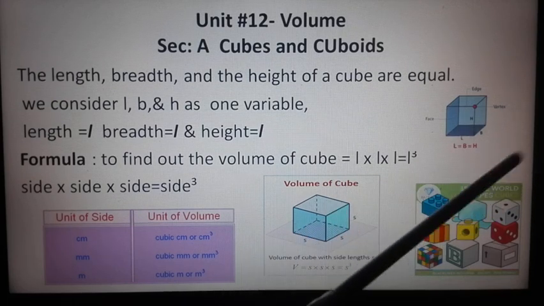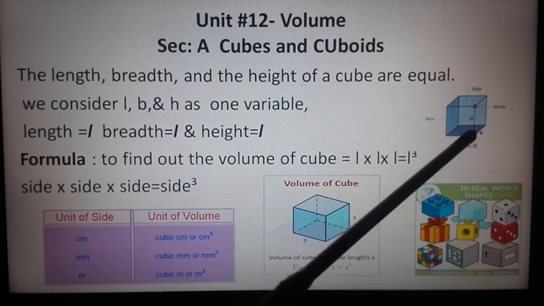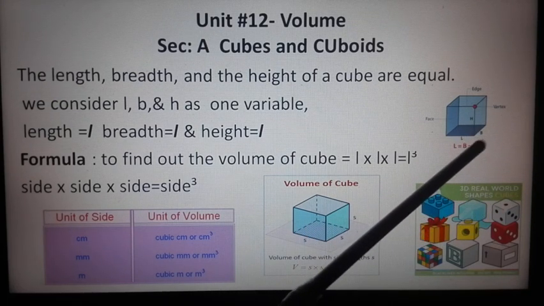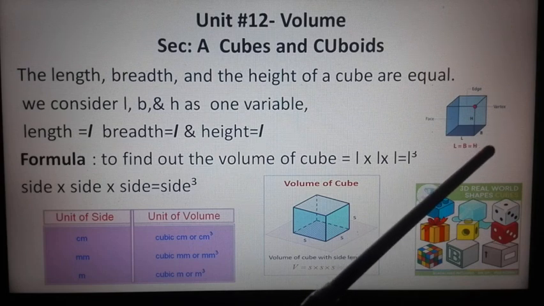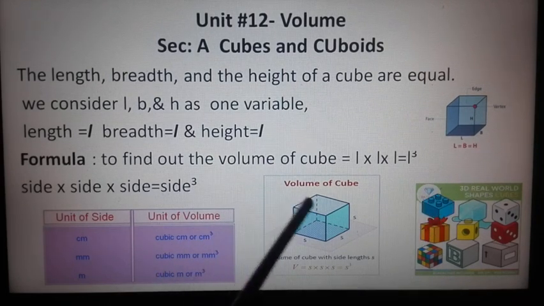Here you can see the equation: L equals B equals H, because it's a cube, all the sides have the same measurement. So you can easily remember the volume of a cube.